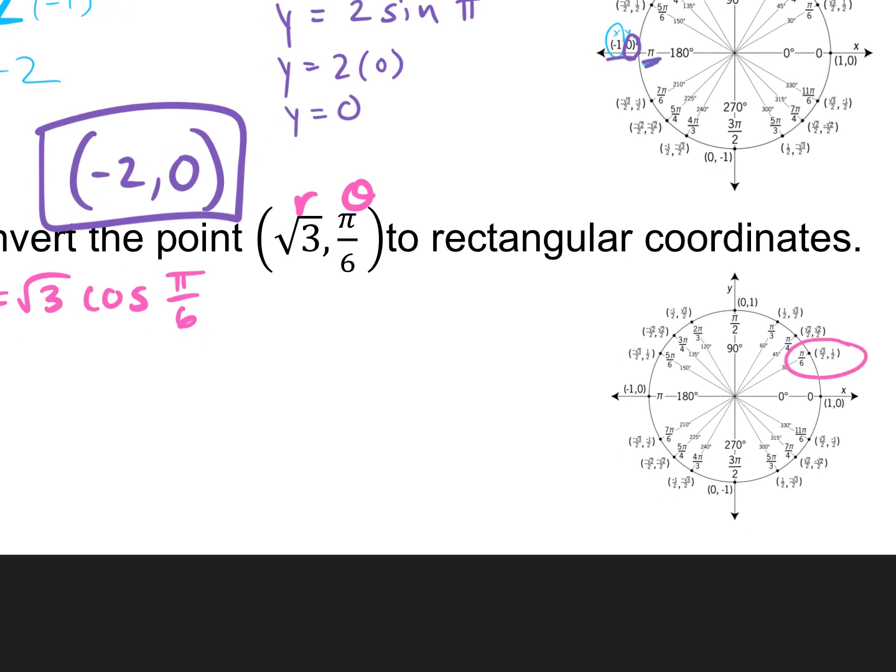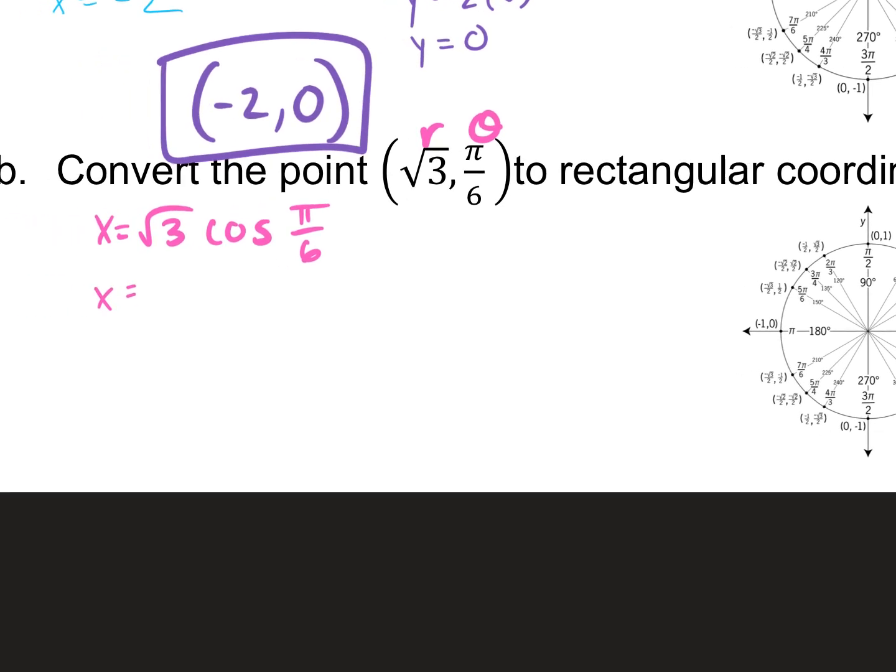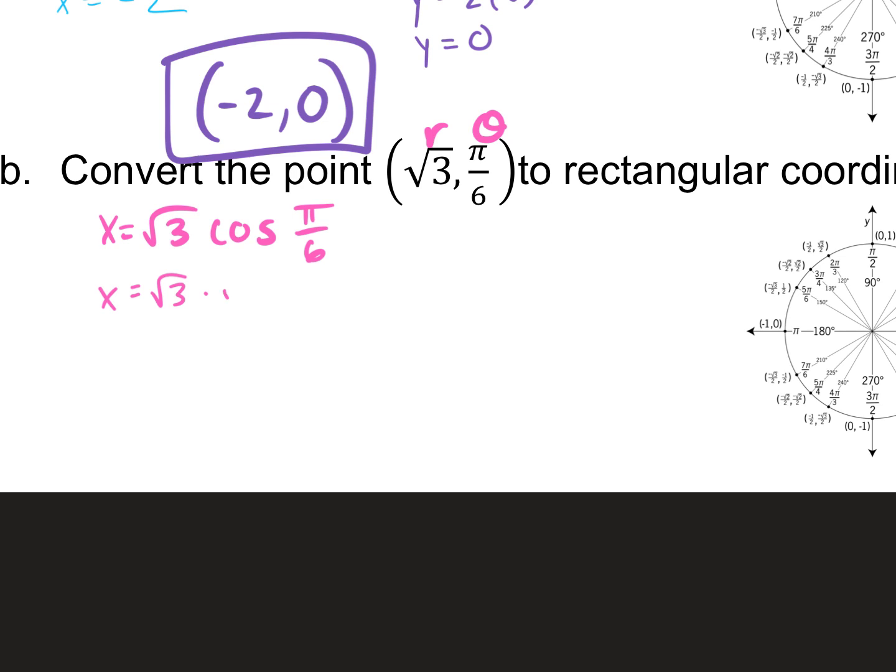Cosine tells us we have to look at which one? The x. So x is equal to square root 3 times square root 3 over 2. How do I multiply these together? Multiply straight across. What's square root 3 times square root 3? 3. So we get 3 over 2.